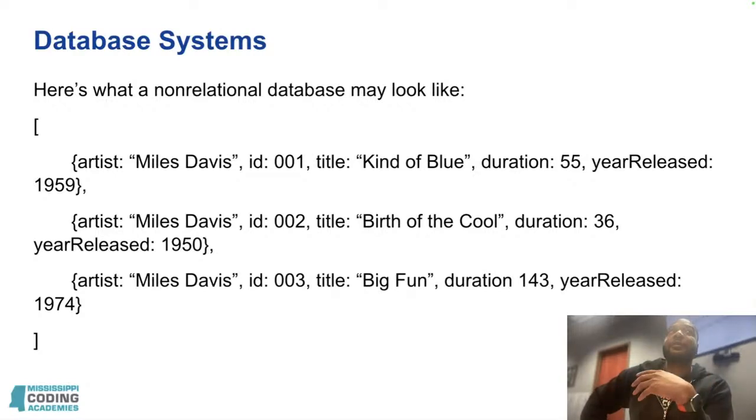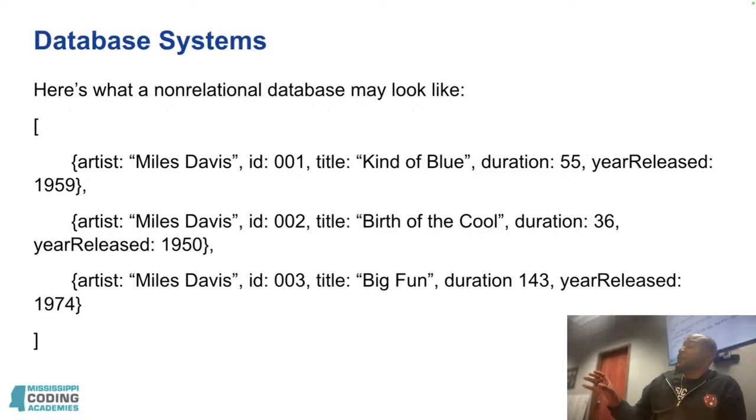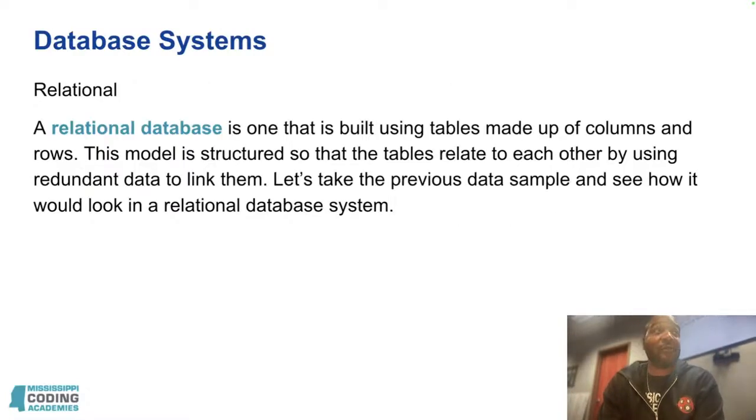I could do several different things for that entry and not do it for the other ones. So with a non-relational database, they don't all have to have the same keys or properties. They can be completely mutually exclusive from each other.